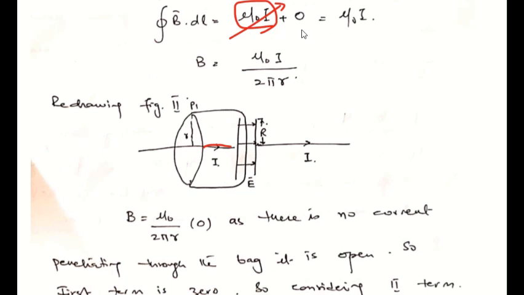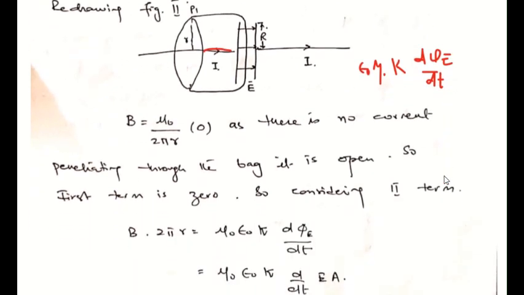So now we have an additional term over here, that is epsilon naught mu naught kappa d phi E over dt.